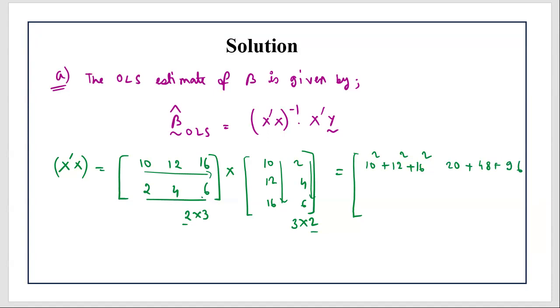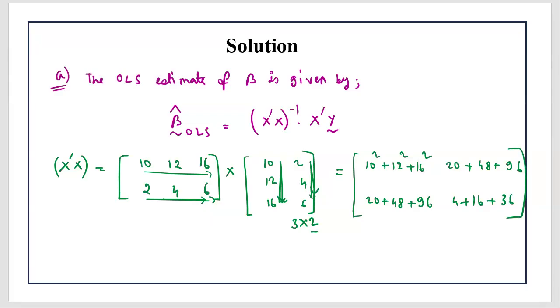In the next line, you have this and this: first is 20, then 48, then 96. And for this, 4 plus 16 plus 36.